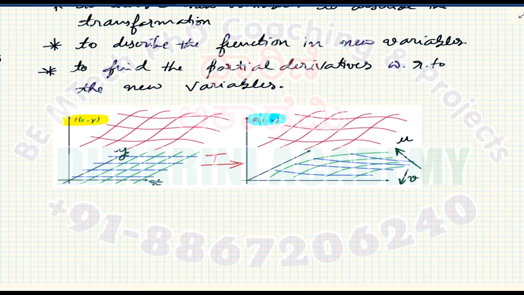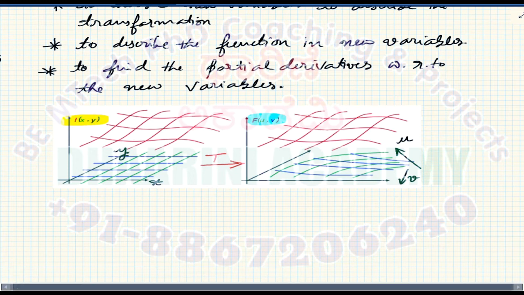So we need to remember one thing when we do this kind of transformation. The first thing is that the surface which was considered originally will remain intact. So there will be no change in the shape.